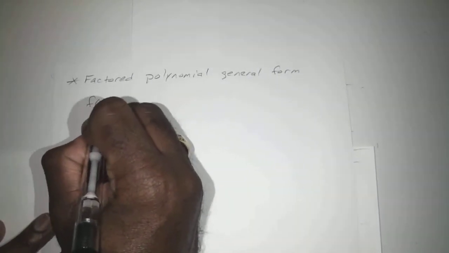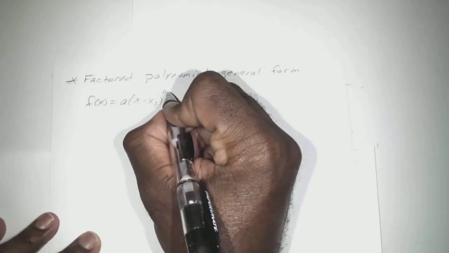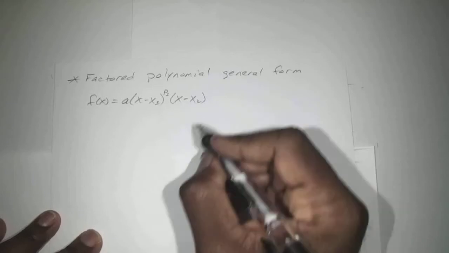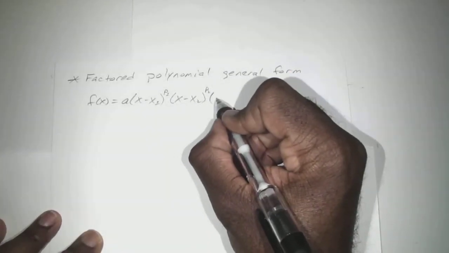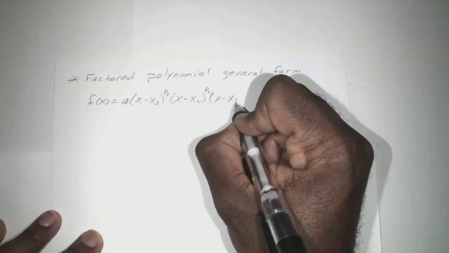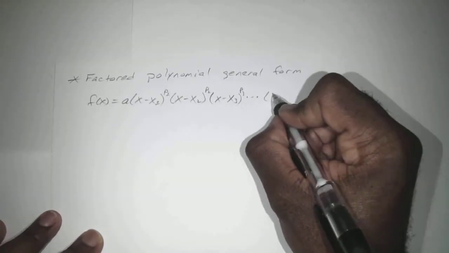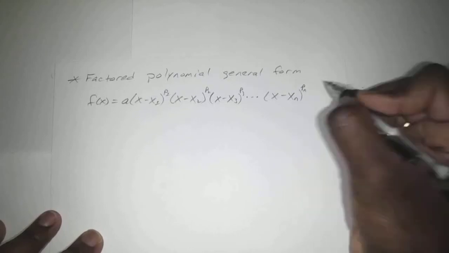So that's if you have f of x equals a times x minus x1, and that's to some power. We'll call that exponent p sub 1 times x minus, let's say, some other value, raised to the power of some number. Say x minus some third value. And we keep on multiplying till we get to x minus x sub n to some exponent n.